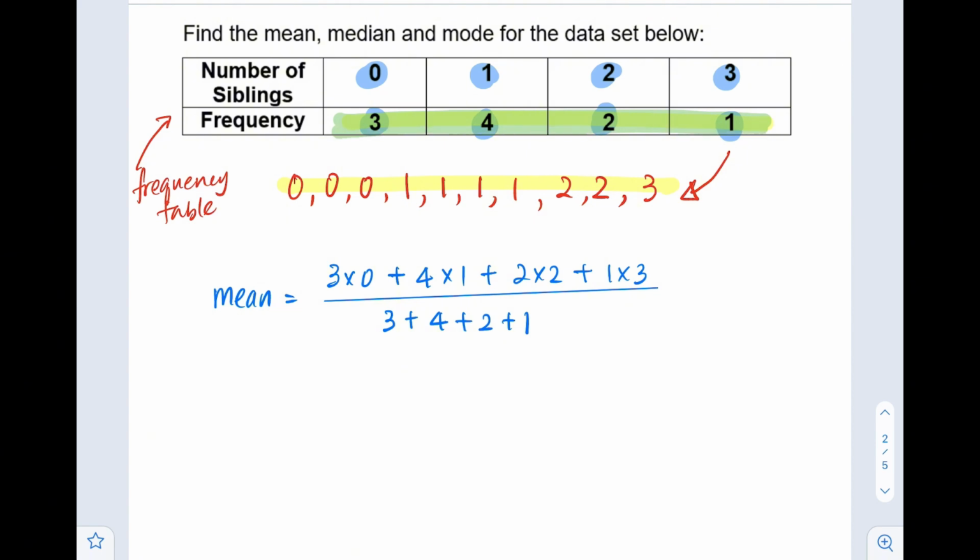You add up to get the total frequency. So that is how you can compute the mean.